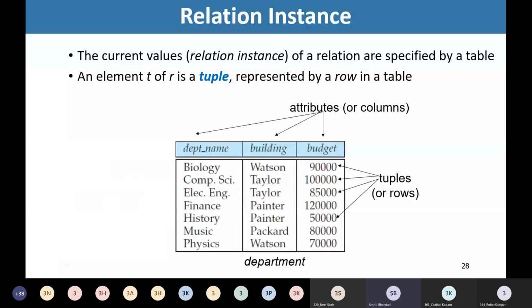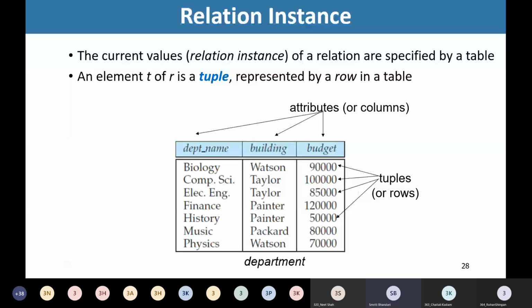Also, we have seen the example of relation instance. Similar to the database instance, we have a relation instance. We mentioned that a database instance is a snapshot of the entire database at a particular point of time.